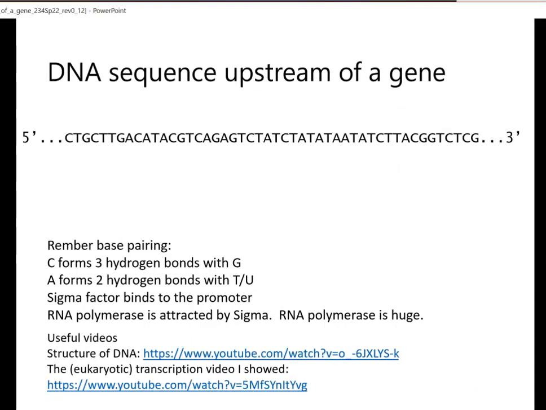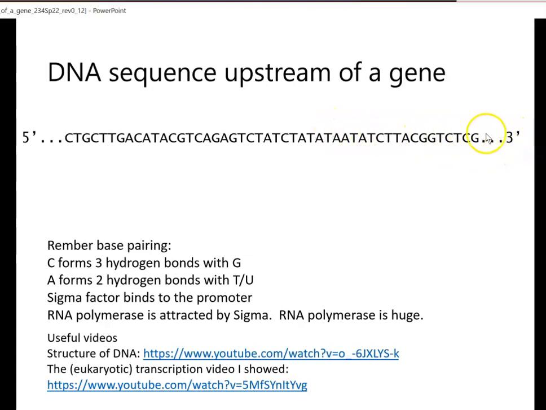This is what I call a DNA sequence upstream of a gene. So this is before the gene. If you start here and you're RNA polymerase, you go to the right. You're always going to go towards the 3 prime. If you don't know why, don't worry about that at all, I haven't talked about it.